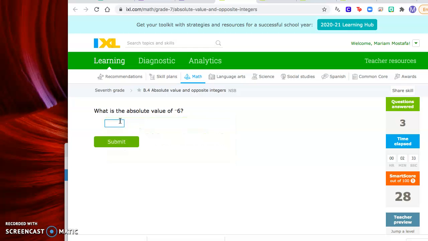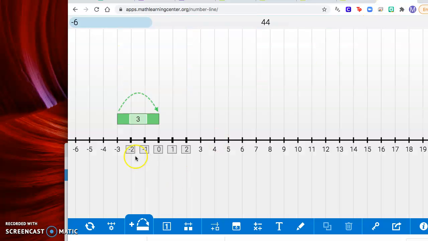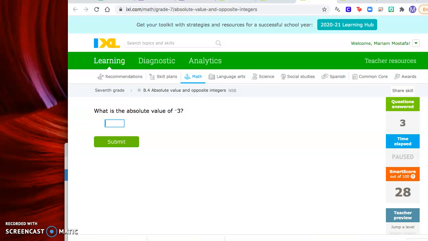Okay, so now let's look at this first example right here. This is a different one. It says, what is the absolute value of negative 3? That means, how far away is negative 3 from 0? If I look at negative 3 right here, negative 3 is 1, 2, 3 units from 0, which means the absolute value of negative 3 is positive 3.